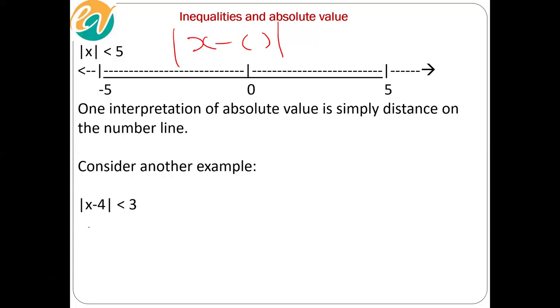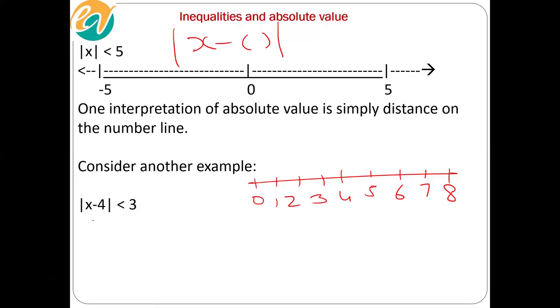What does it mean, inflection point is 4? Distance between what and what? X and 4 on the number line is lesser than 3. Okay, so 4, right? And let's take 5, 6, 7, 8, and so on. Here it would be 3, 2, 1, 0, and so on.